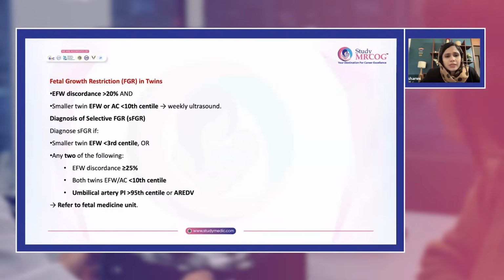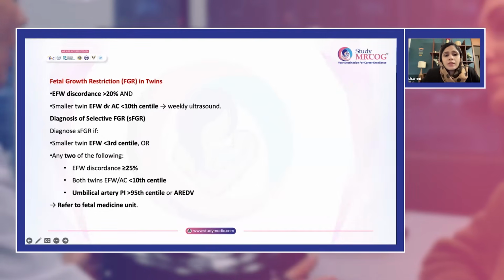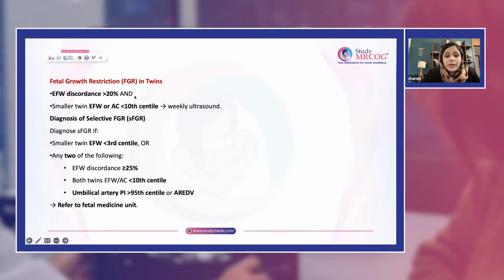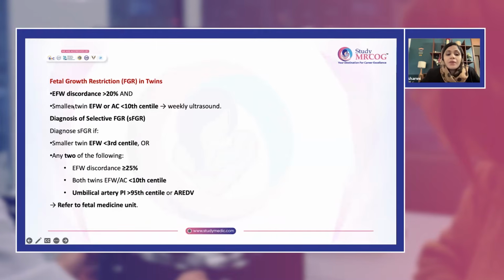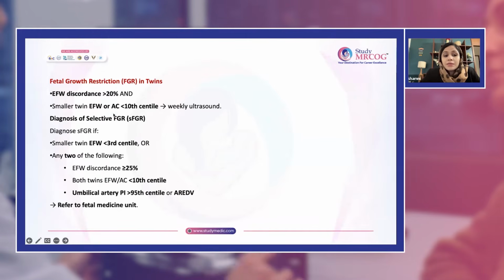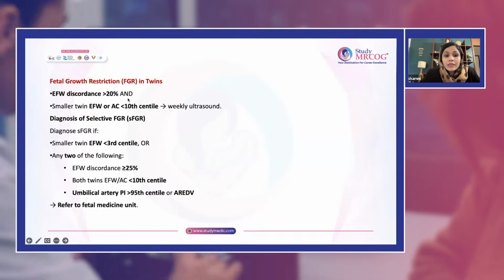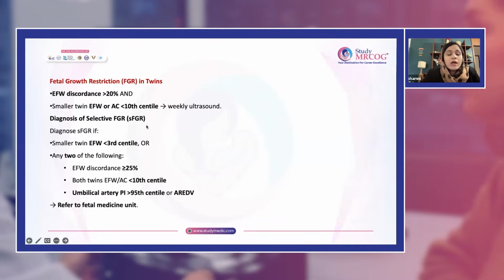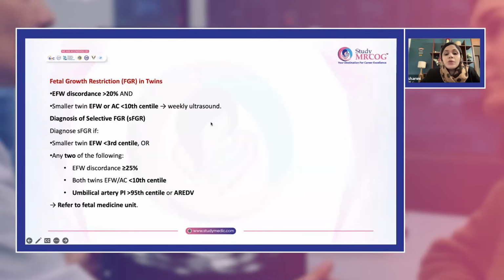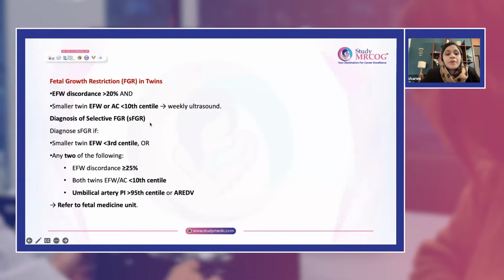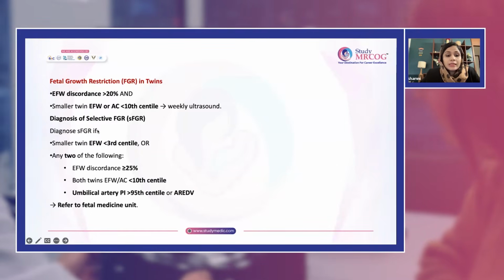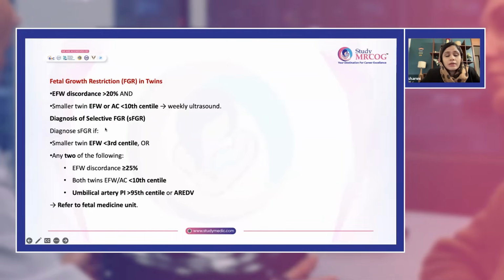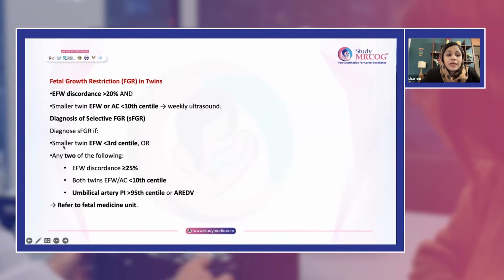So selective fetal growth restriction in twins, estimated fetal weight discordance more than 20%, and smaller twin, the estimated fetal weight or abdominal circumference is less than 10th percentile. If at all you come across this situation, what are you going to do? You will be doing weekly ultrasound. Okay. So on doing weekly ultrasound, how will you diagnose selective fetal growth restriction?